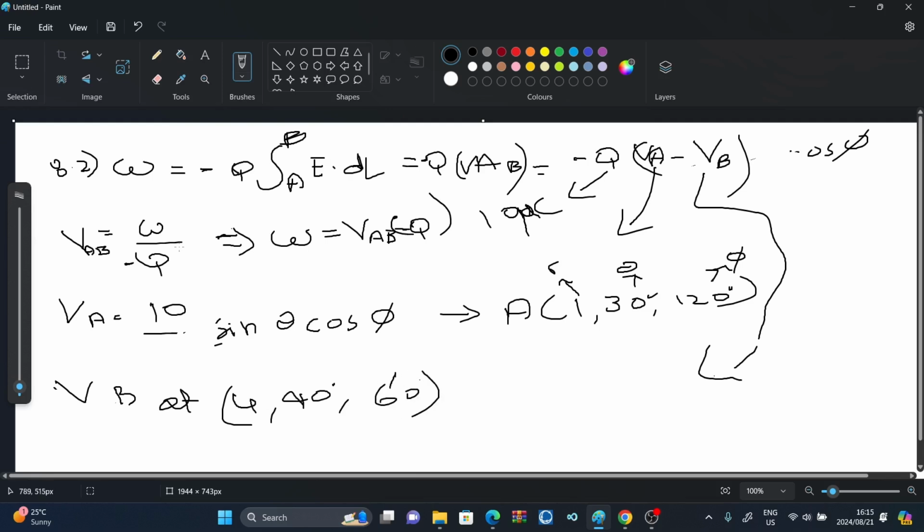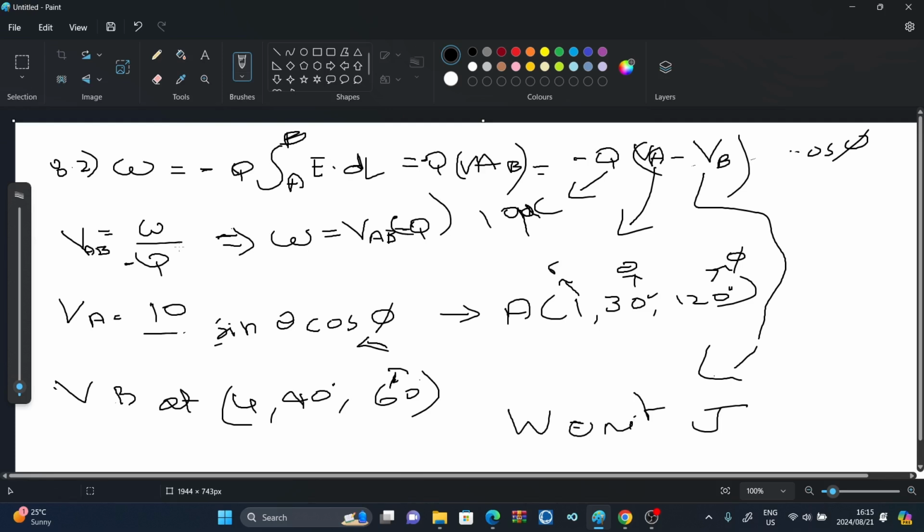So just substitute this into the formula on top there, then you will find your VB. Then you will find your work done. And just remember, the unit for work done is joules, J.